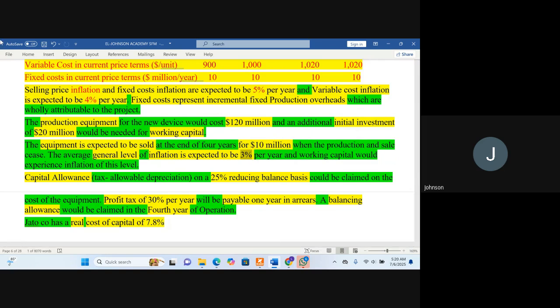So you can see that the cash flows are experiencing different inflation rates. Working capital is experiencing 3%.